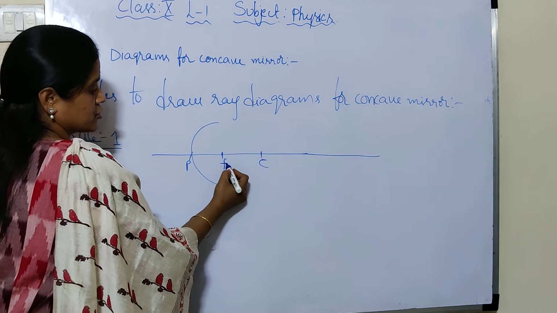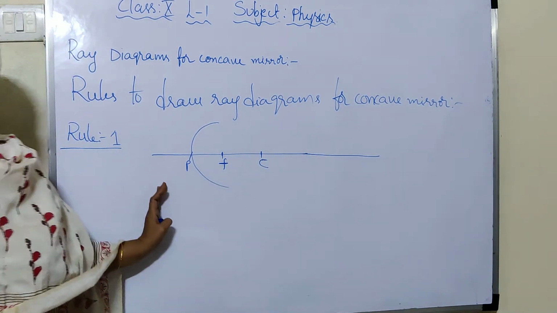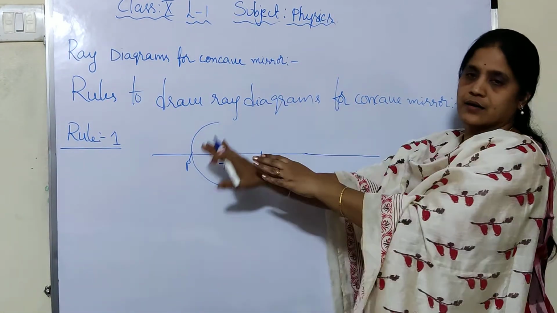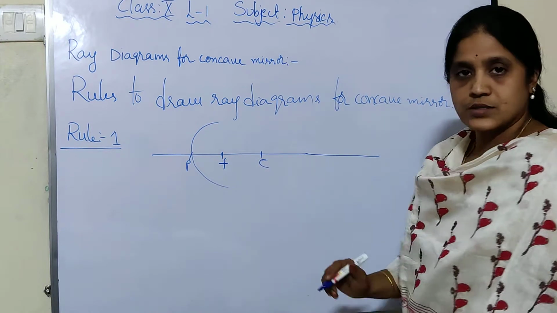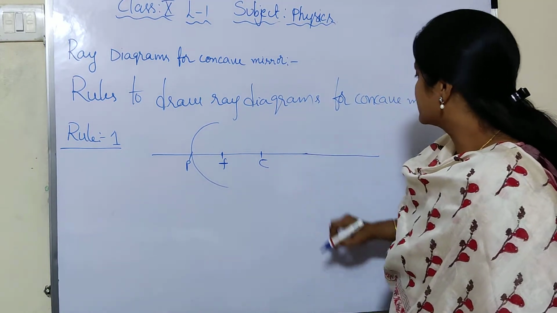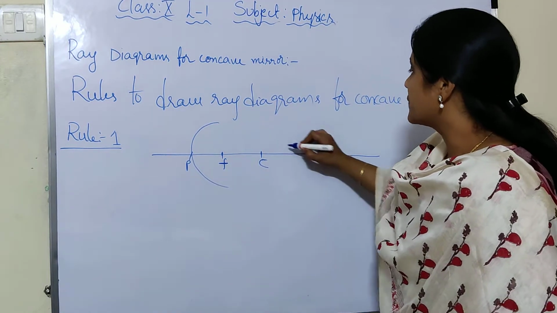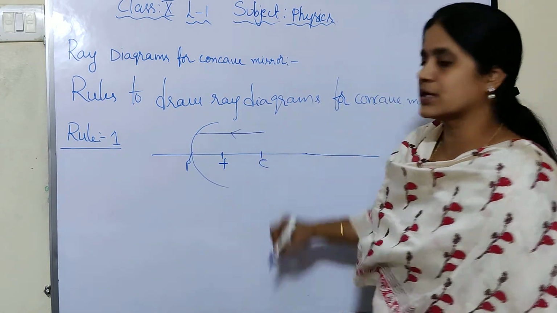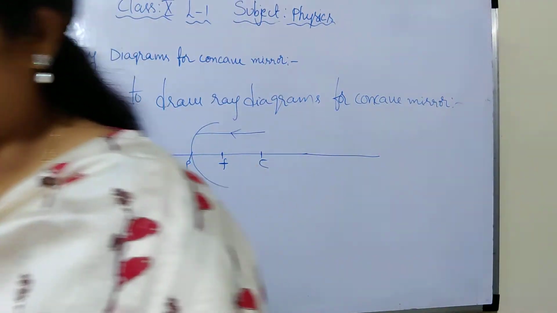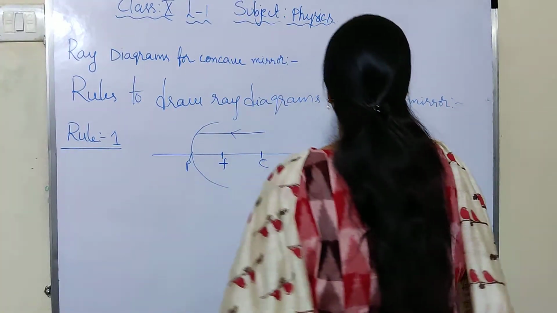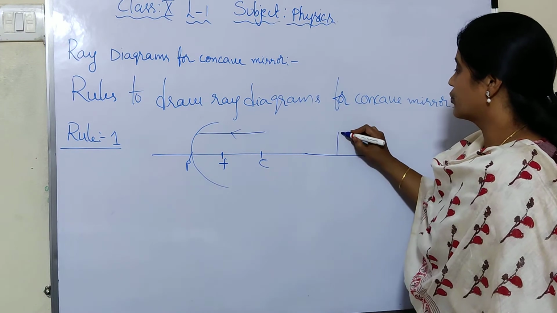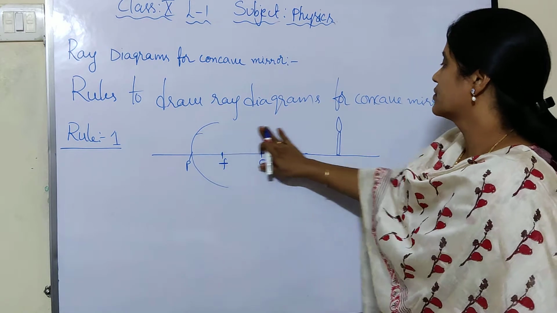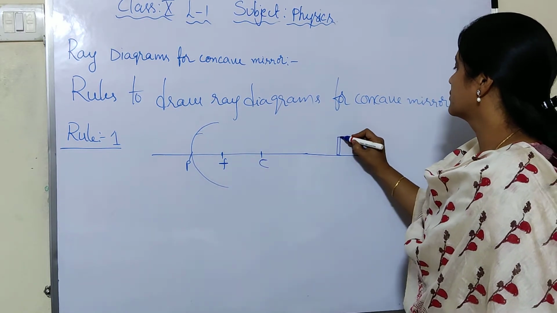This F you should also take, because in all the ray diagrams we will consider that rays are parallel. Suppose a ray is parallel to the principal axis. You have to place the candle here. I'll take a small one.